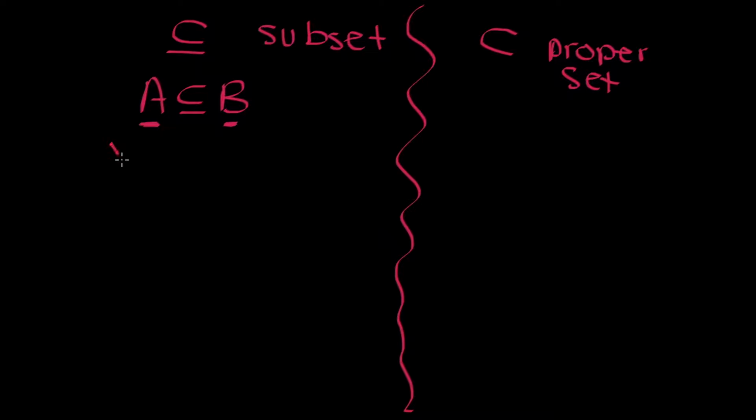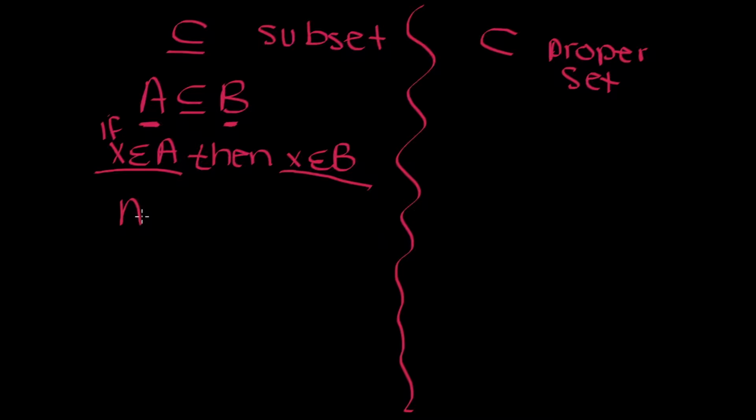So let's say X is in A. If X is in A, then X is in B. So anytime you have something in set A, that something also has to be in B. So let's say A is 1, 2, 3. Then B has to have 1, 2, 3, right? It has to have all these elements.